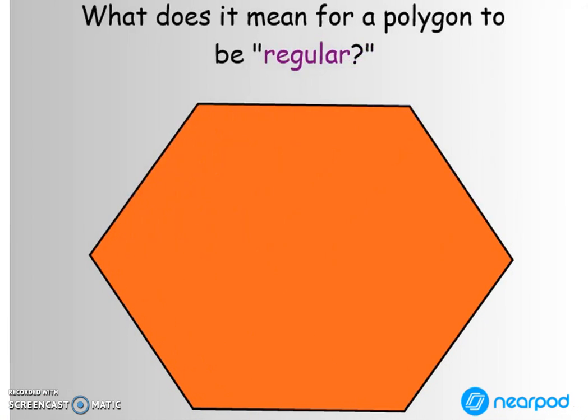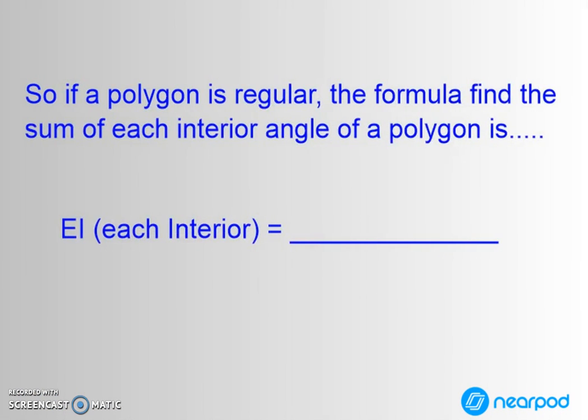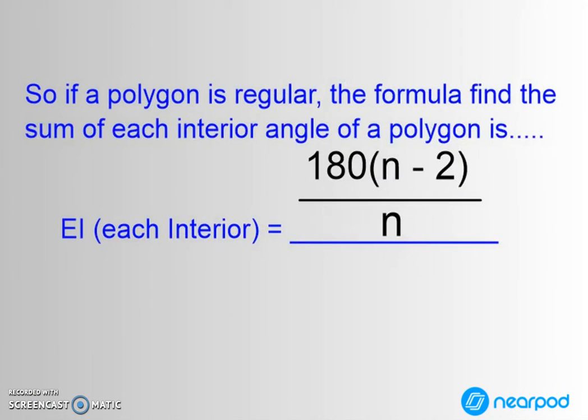So then, what does it mean for a polygon to be regular? All the sides are the same, all the angles are the same. So then, to find out how many degrees each angle would be inside, you would have your 180 times n minus 2, that finds how much is in there total, and then you divide it by how many angles there are.